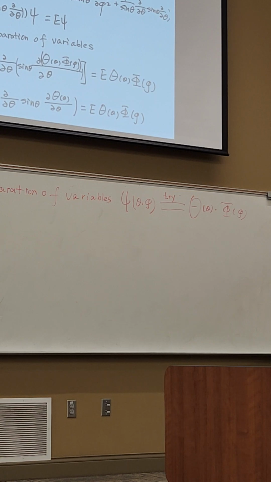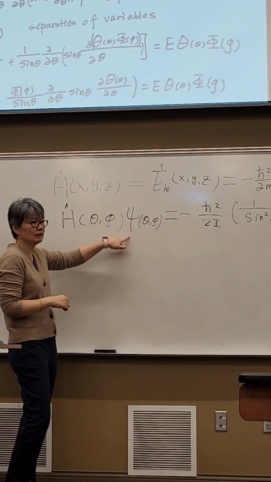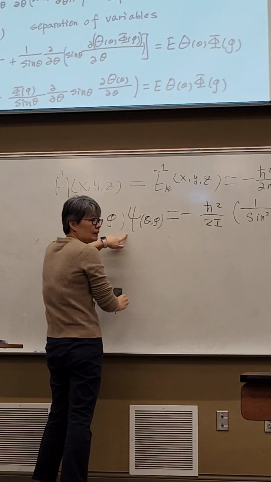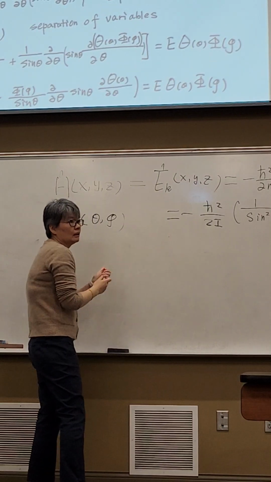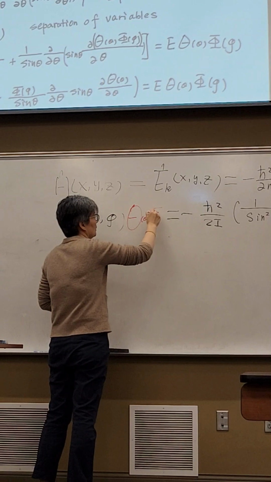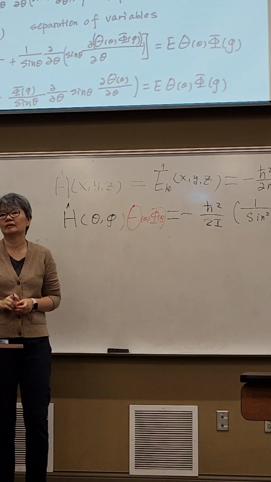You guys follow me okay? Because we need to solve for that equation. Okay, so in that case, if I look at this Schrödinger equation, what can I put in, guys? This will be a product of two functions.